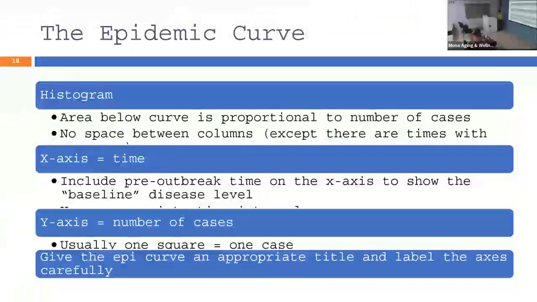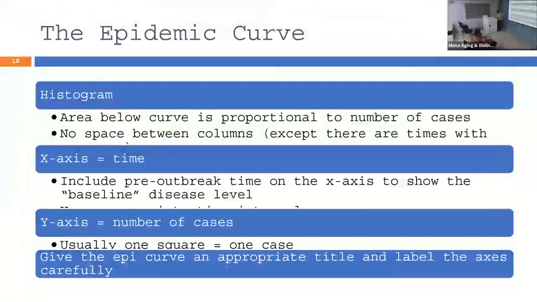And what's dropping off under the x-axis is to use the appropriate time interval, whether you're going to use weeks, months, or if you use the exact date, that would be days. Use the appropriate time interval.